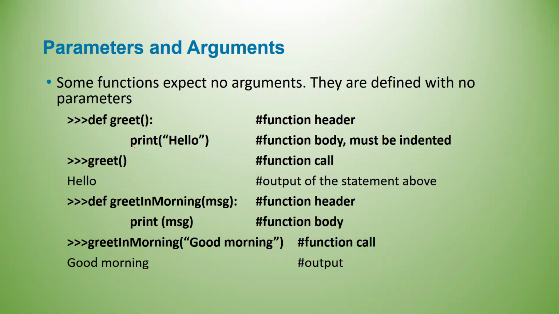So this is the last statement in the function body. And because there is no return statement, the function will transfer control back to whoever calls it. So it comes back to the Python shell, the main shell. Okay, so that's what that means. It just goes back by itself.